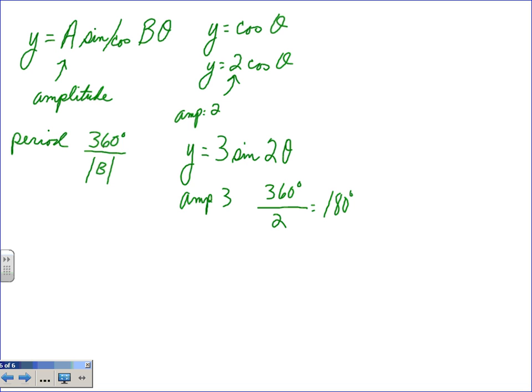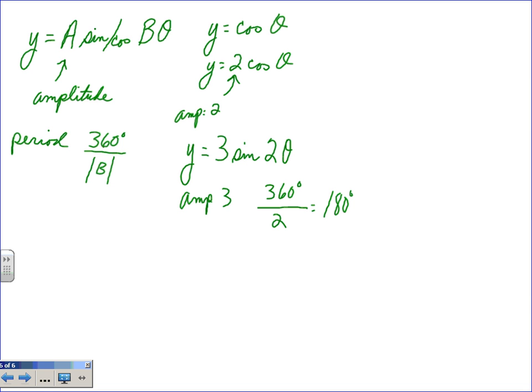On your calculator, am I in radians? I think I am in radians. So I'm going to go back to degrees because we're talking about degrees. I'm going to go to my y equals and put in 3 sine 2 theta. All right. I have to go to my zoom, go back to Z trig, because I went from radians to degrees.